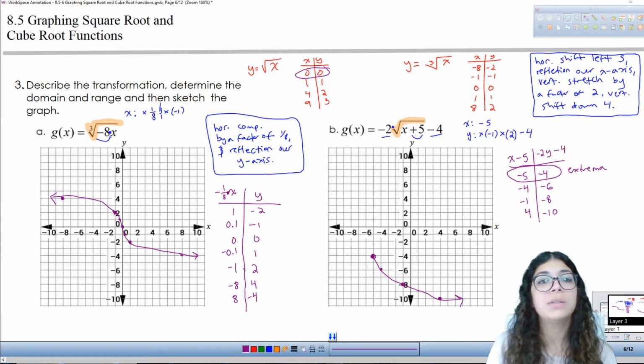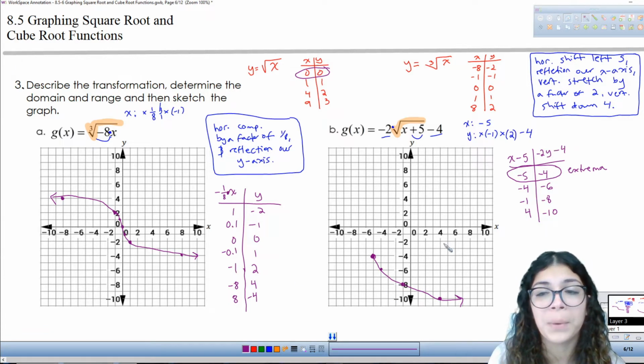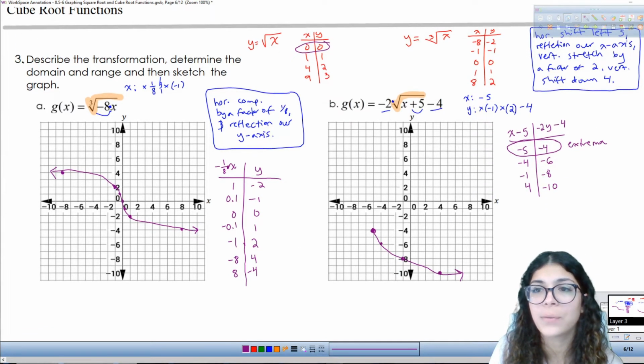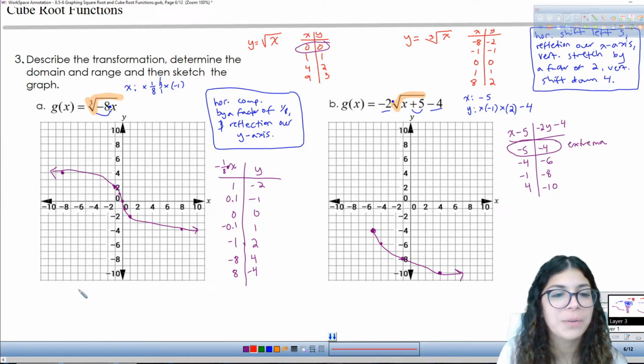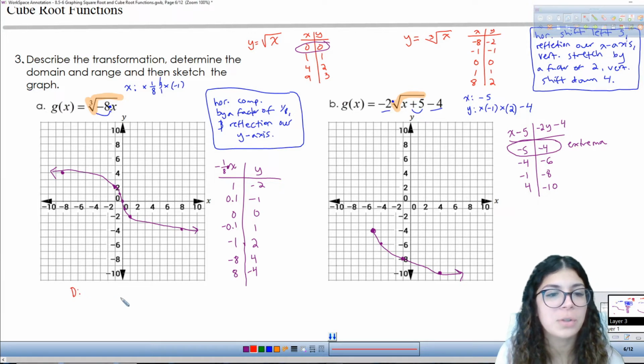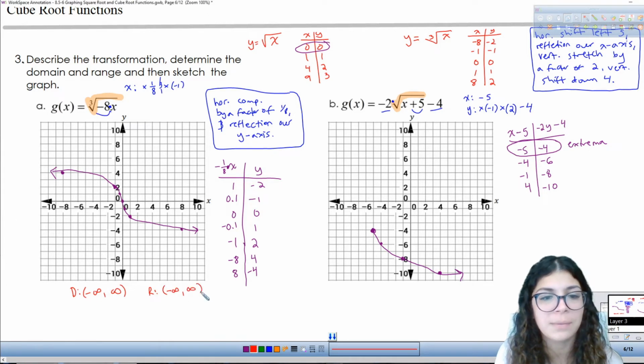Now, we do need to write the domain and range for both of these. I almost always forget to do that. So don't forget to answer all parts of the question. So domain and range. Luckily, part A is very easy. This is the cube root function, so it's just all real numbers, -infinity to +infinity.